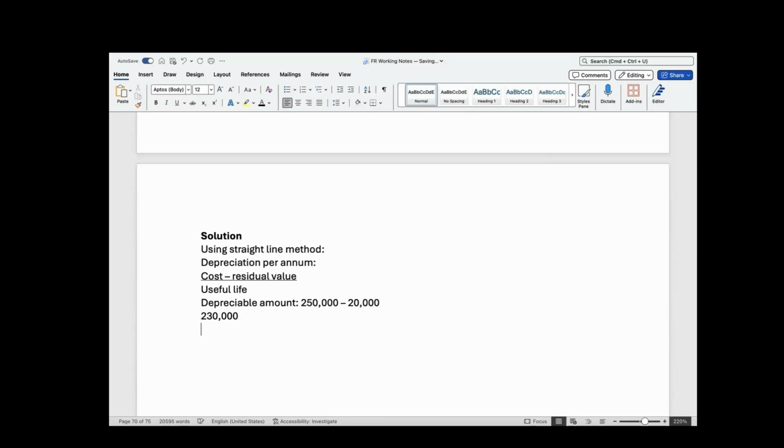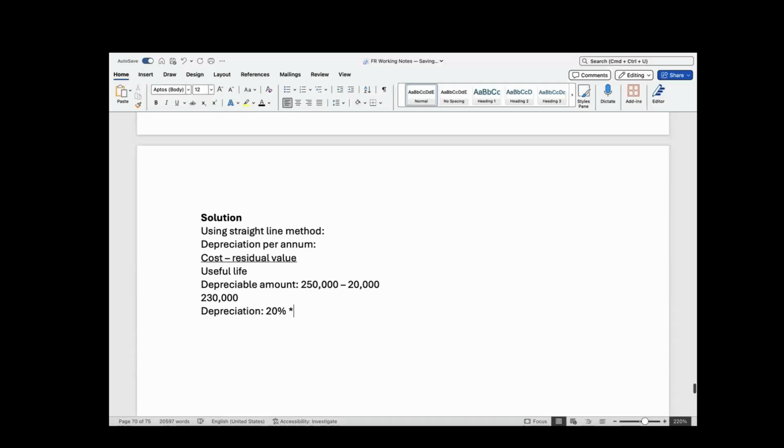So your depreciation per annum is just the depreciation rate, which I'm given as 20%, multiplied by my depreciable amount. In this case, I have 46,000. And that is my depreciation per annum. Every year is 46,000, the same amount.